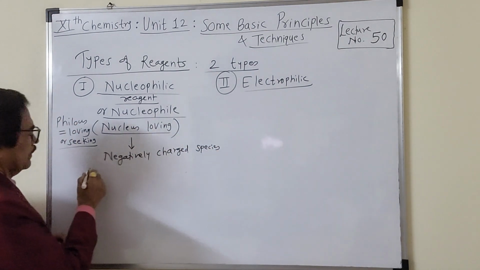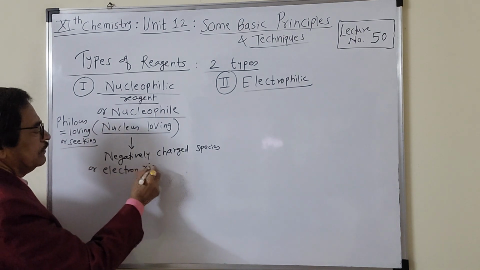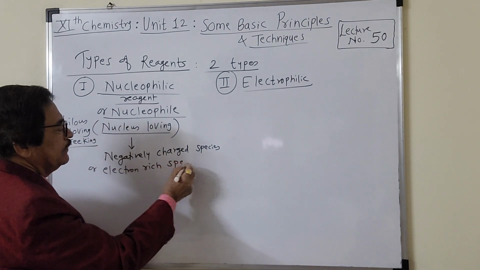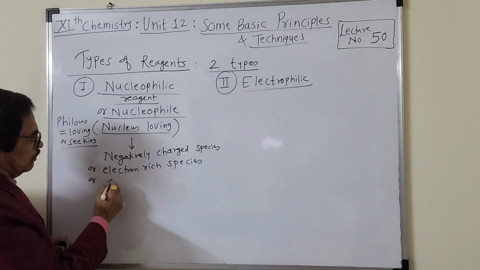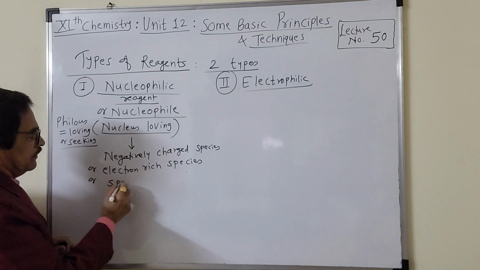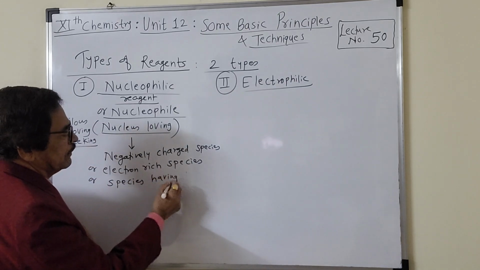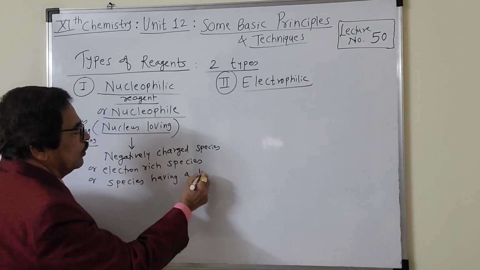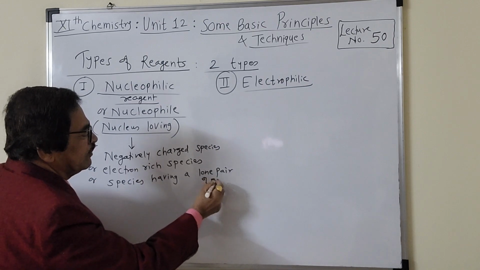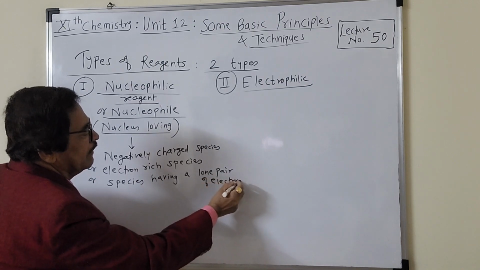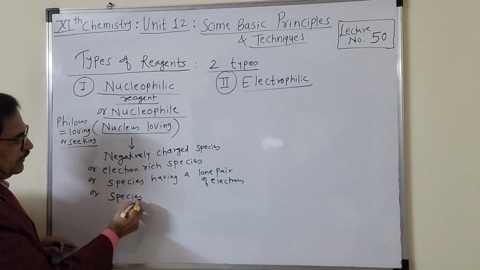or electron rich species. Electron rich species or the atom or group, that species I will say again, having lone pair of electrons, जिसके पास इलेक्ट्रॉन्स की पेयर है, or a species which can donate electron.